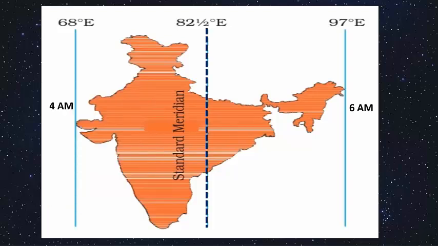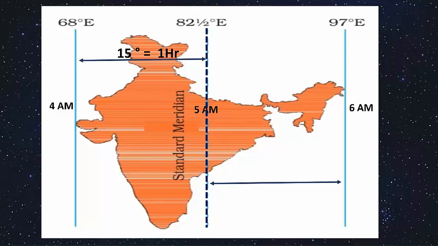And the people will see sunrise after 2 hours because of the longitudinal extent of India, that is 30 degrees, and we have seen the earth travels 15 degrees in 1 hour. So for 30 degrees it is going to be 2 hours.